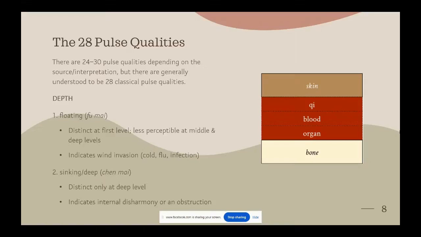The lung is what is tied to our immune system, and is going to be the front line for interacting with this external pathogen in the case of a cold or a flu or something like that, a virus.